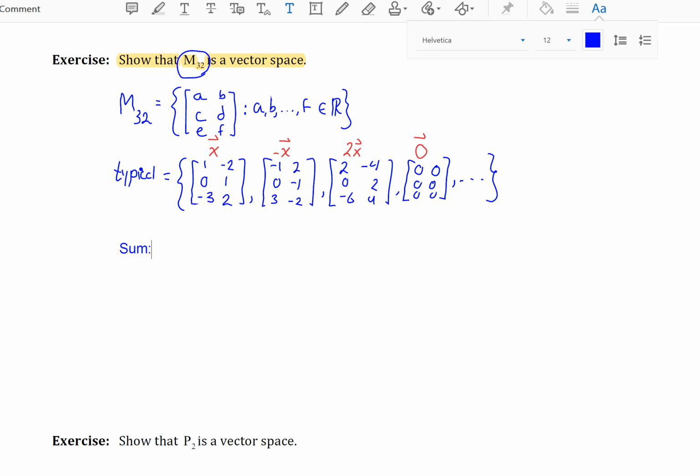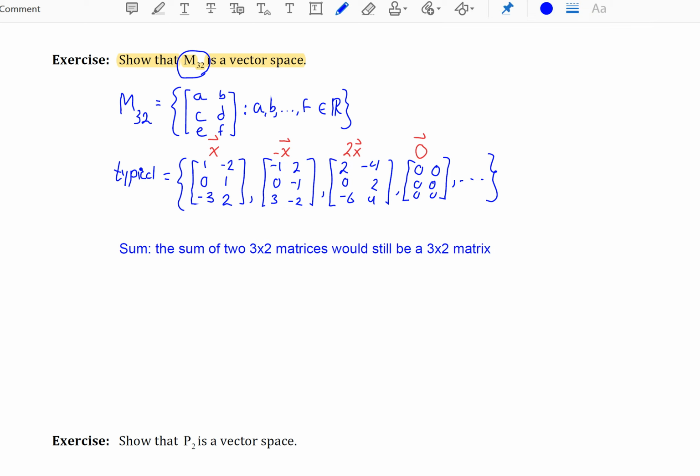I would like to recall from what we know from previous work in Chapter 3 that the sum of 2 3 by 2 matrices would still be a 3 by 2 matrix. If you add a matrix plus another matrix, you still get a 3 by 2 matrix. Check. Unless you don't know how to add matrices, of course.